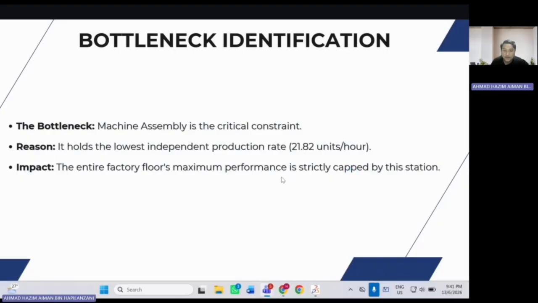So how would this affect other machines? The entire floor's maximum performance will be strictly capped by the assembly machine, meaning that the other machines cannot continue their process until the assembly machine has done its process.